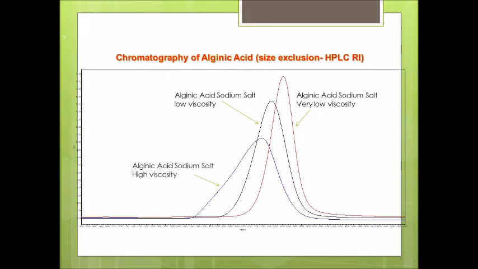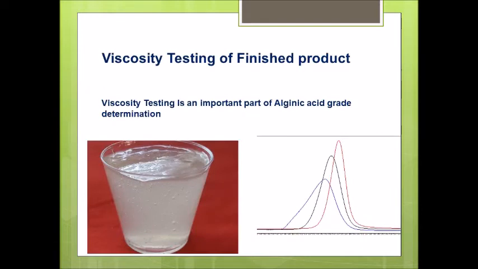The one in the middle is a low viscosity, and the red one is very low. So by comparing these 3 chromatograms or peaks with the peak that you have in your finished product, or the product that you're trying to reverse engineer, you can definitely tell which grade of sodium alginate they use in the formulation. So with this method, you can easily do the amount and the grade determination.